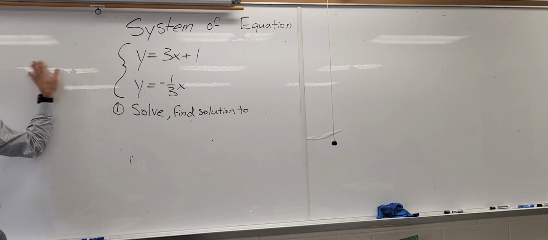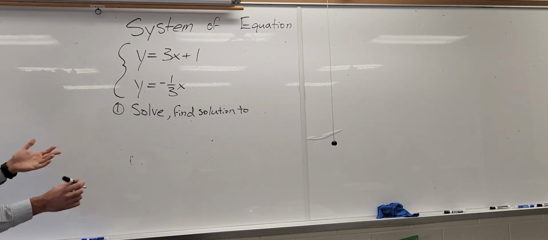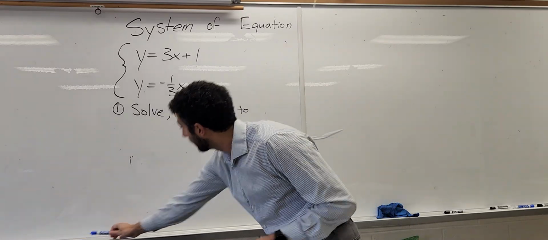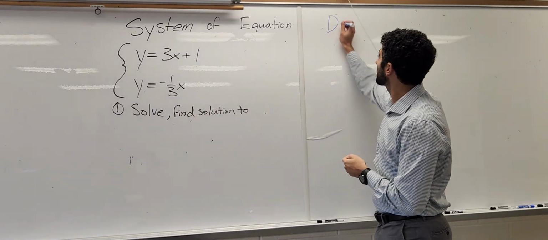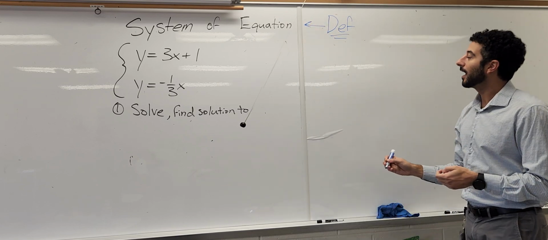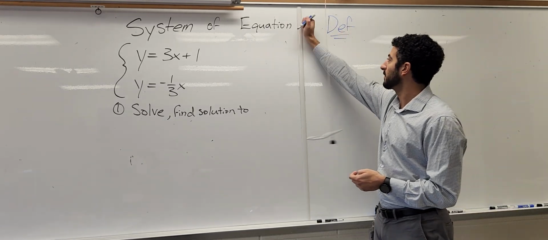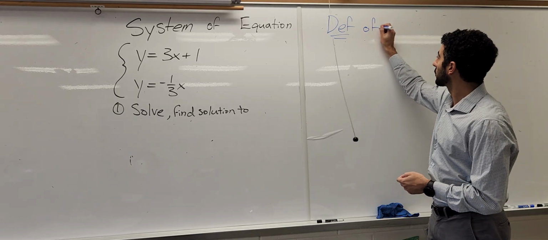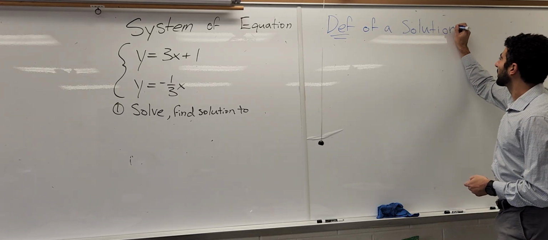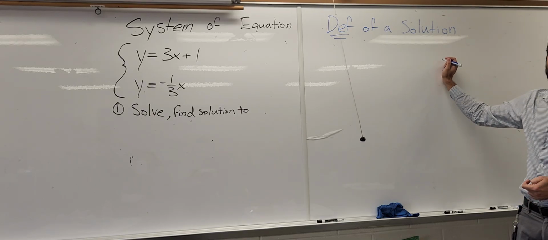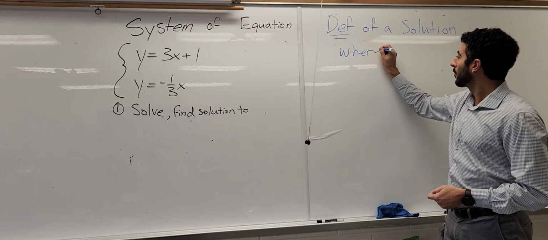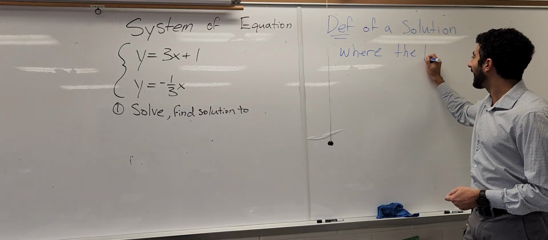So what does it mean to be a solution to a system? Simply put, I'm going to put a little definition here, let's put it in blue. The definition of a solution to a system of equations is, simply put, where the lines cross.